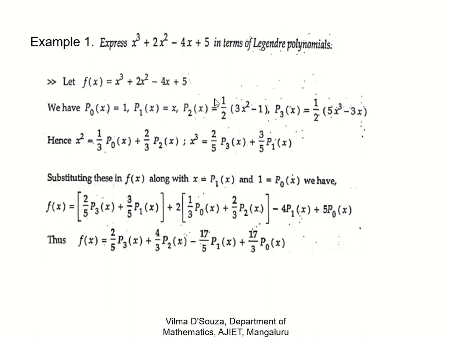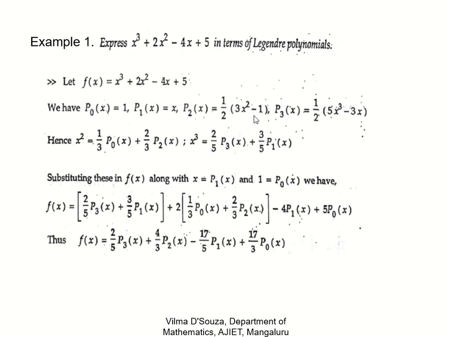What is x square? See, this P2 of x can be rewritten as 2P2 of x is equal to 3x square minus 1. Right? 2 into P2 of x is equal to 3x square minus 1.